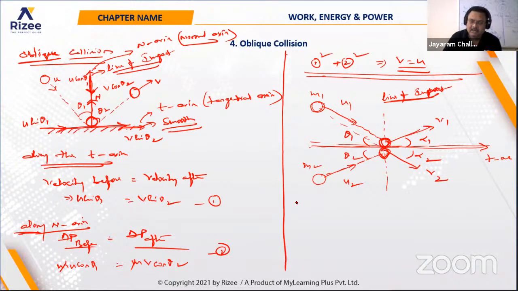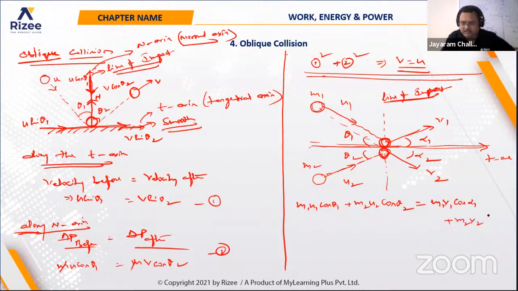Along the x-axis, the tangential axis, m1 u1 cos theta 1 plus m2 u2 cos theta 2 is equal to m1 v1 cos alpha 1 plus m2 v2 cos alpha 2.